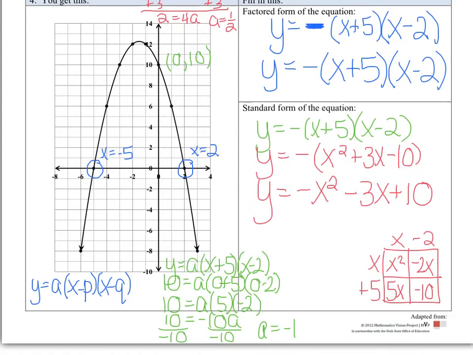If I wanted to put this into vertex form, I would need to find the line of symmetry. And we can find the line of symmetry because remember, x equals (p plus q) divided by 2. And p plus q, that's negative 5 plus 2 divided by 2 is negative 3/2.